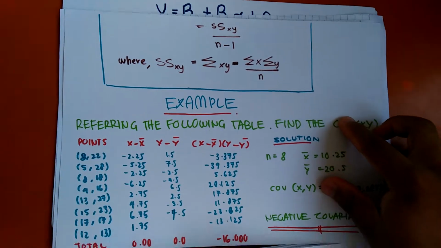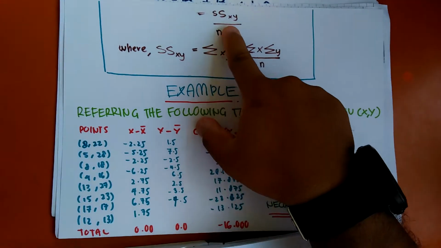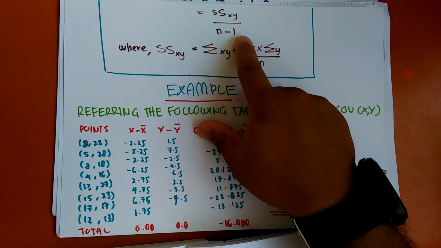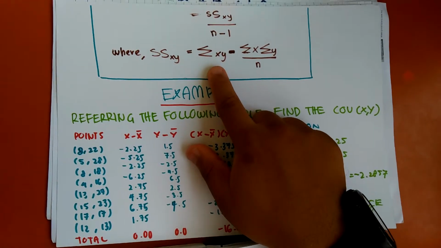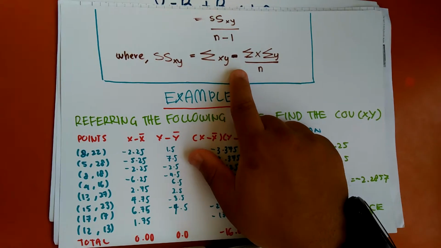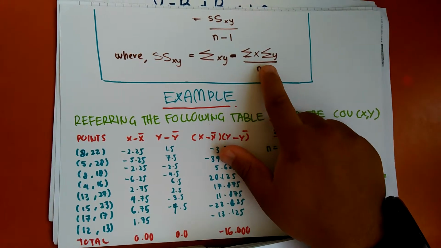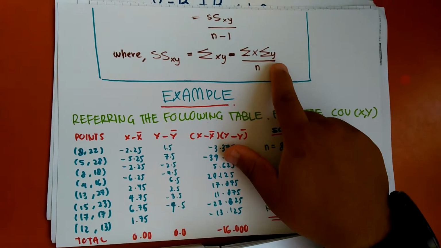We can also say it is SSxy over n minus 1, where SSxy is the summation of xy minus summation of x multiplied by summation of y divided by n.